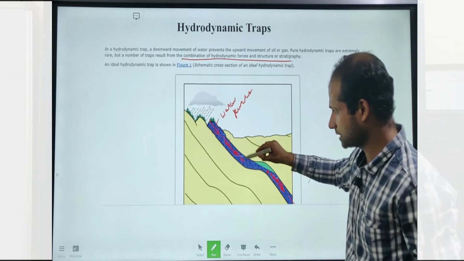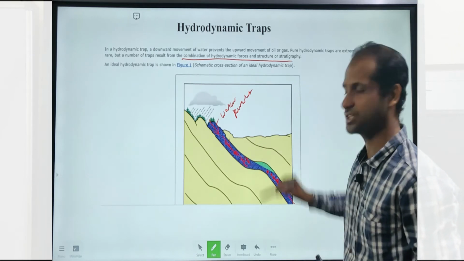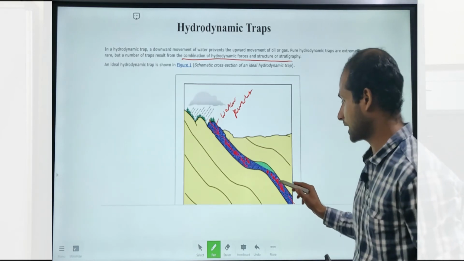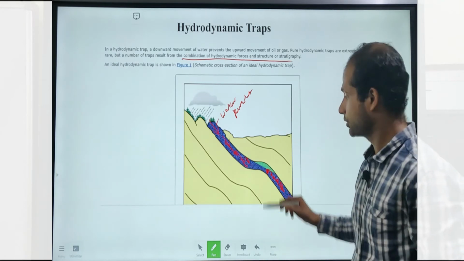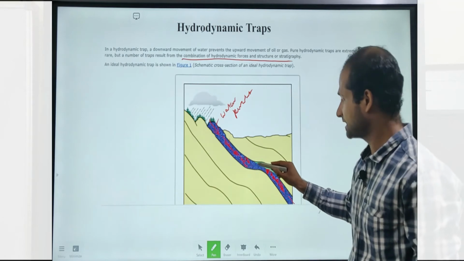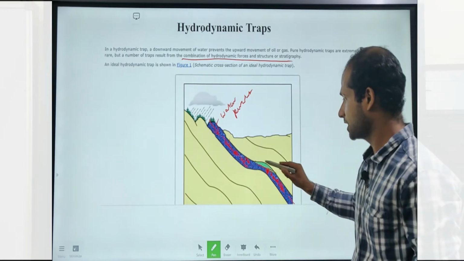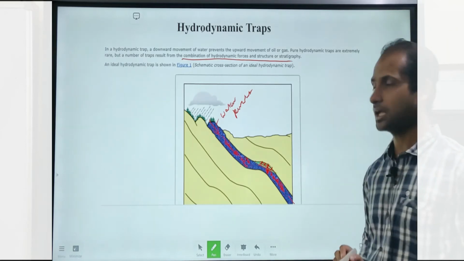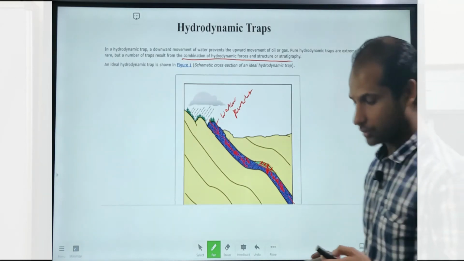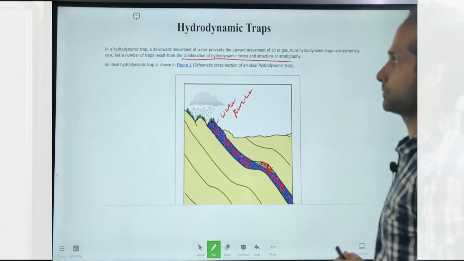Because of the infiltration of water, the hydrocarbon will not be able to move or migrate upward. So what will it do? If it gets some structure, it will start its accumulation in that particular structure, and that kind of trap we call a hydrodynamic trap.